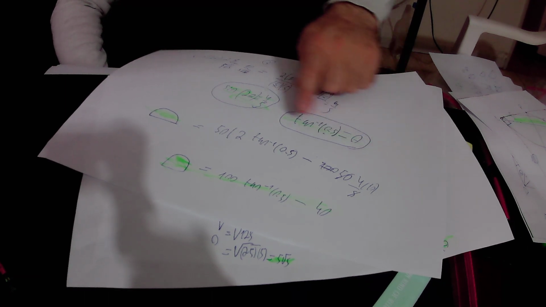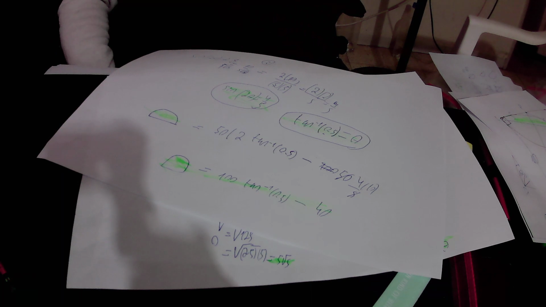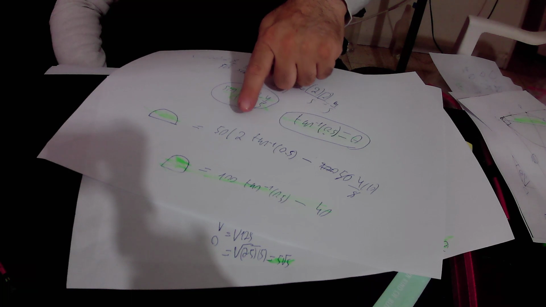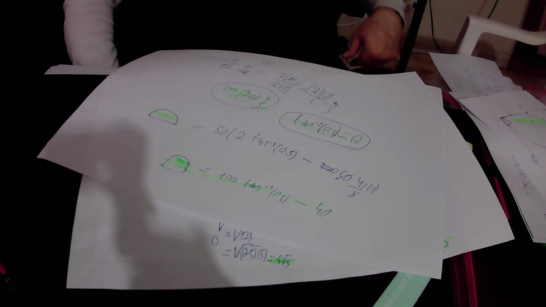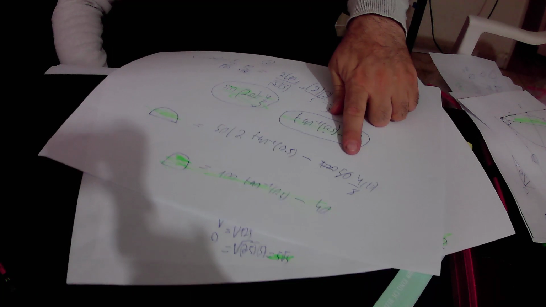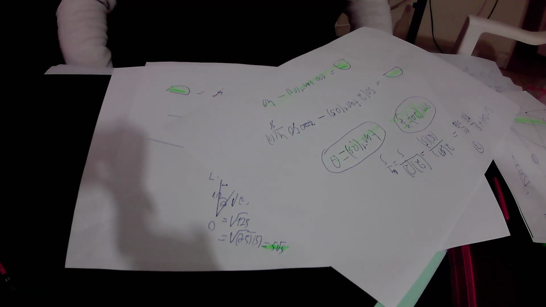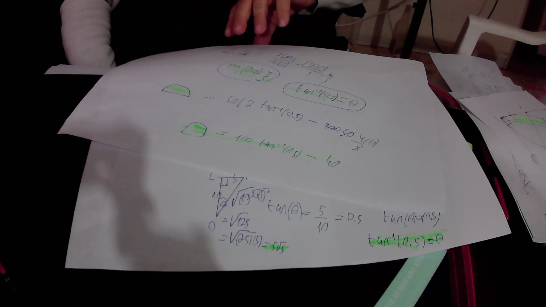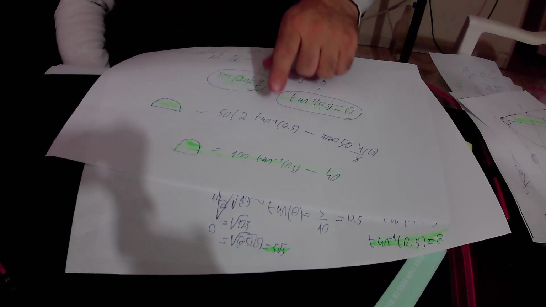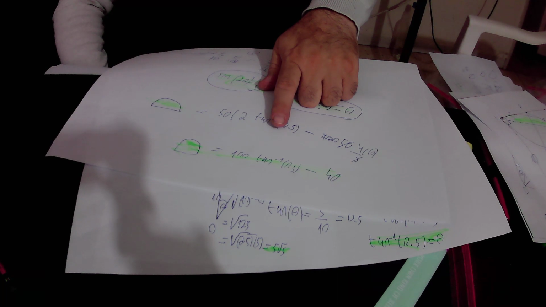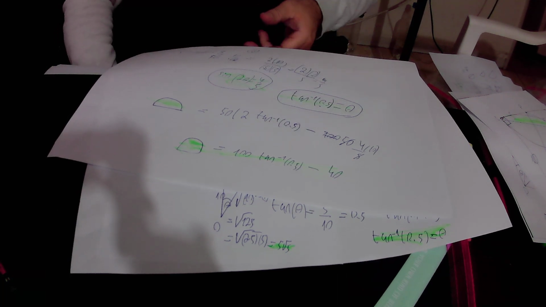In conclusion, the area of the upper circular segment of the big lens equals 50 times 2 is 100 times tangents minus 1 of 0.5, and 50 times 4 is 200, and 200 over 5 is 40. So it is minus 40. So the area of the upper circular segment of the big lens equals 100 times tangents minus 1 of 0.5 minus 40.